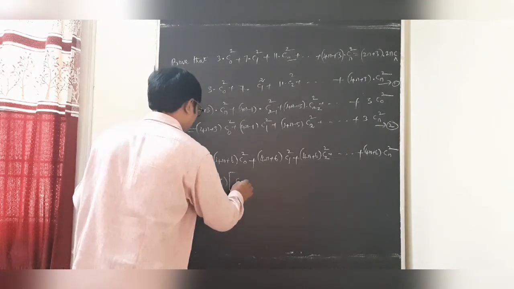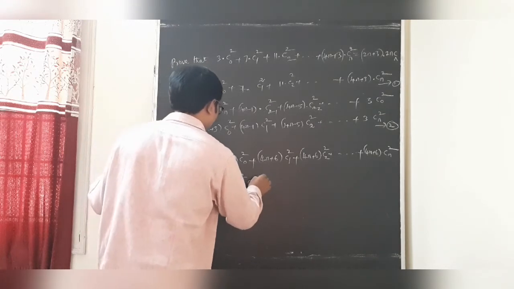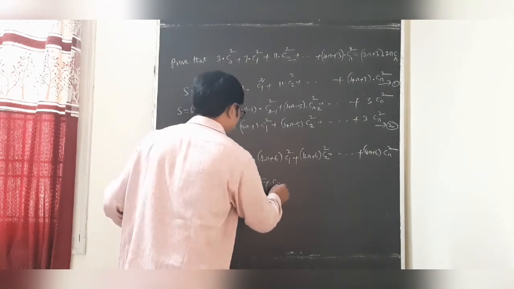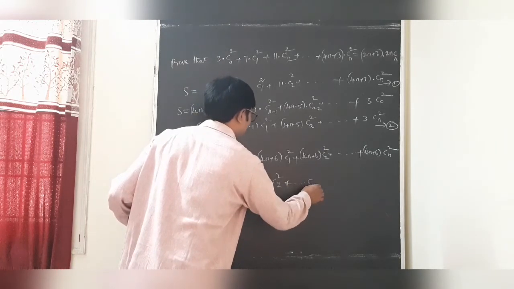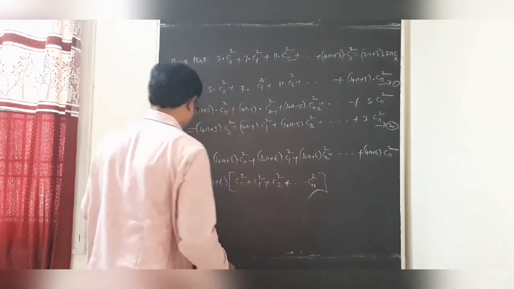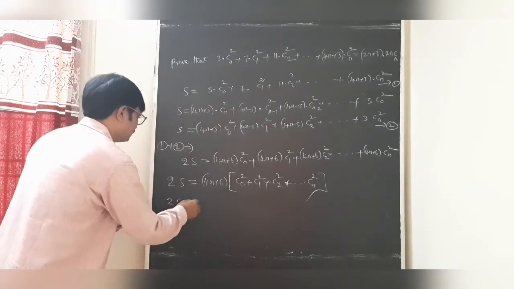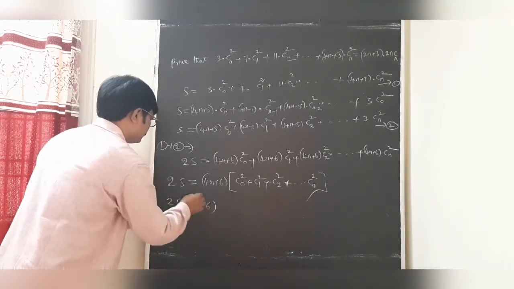C0 square, C1 square, C2 square, and so on, Cn square. My dear students, 2S equals (4n plus 6) into the sum.